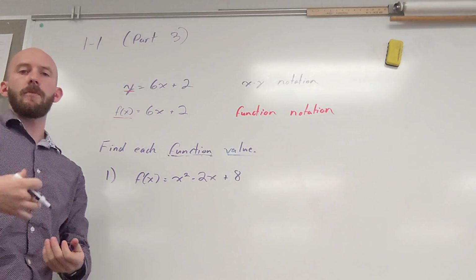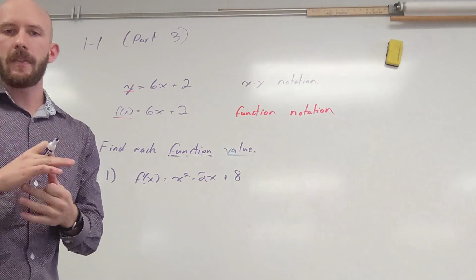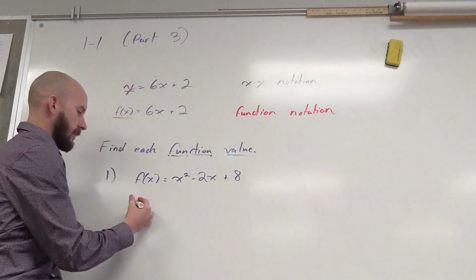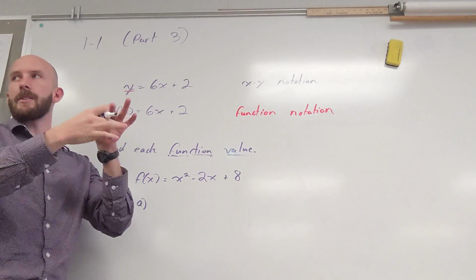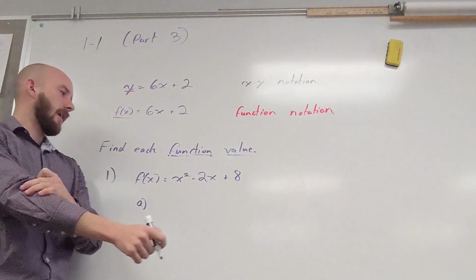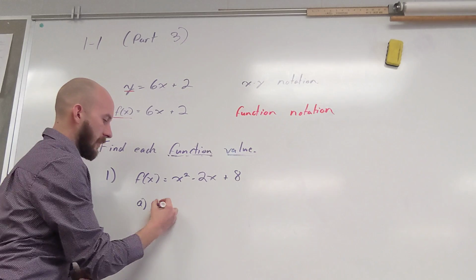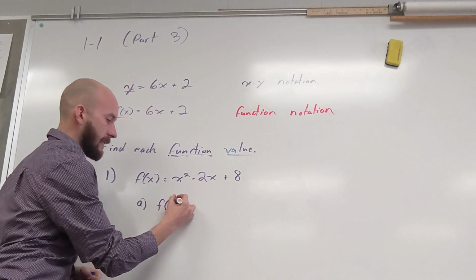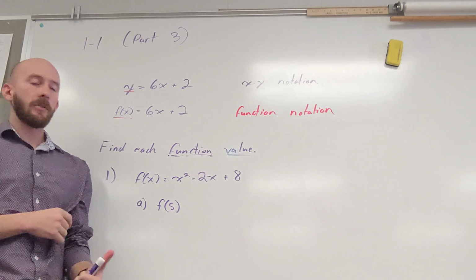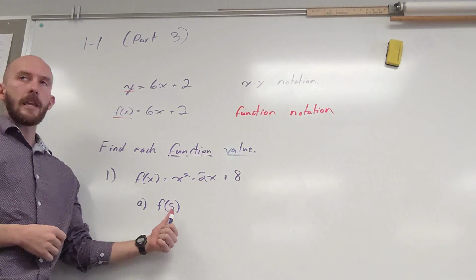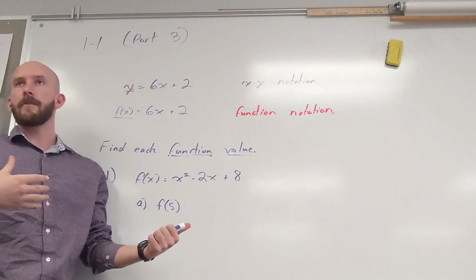And then it's going to give you an input. The nice thing about function notation is it allows you to deal with multiple different inputs and still keep them specific. So it's going to give you something like f of 5. This is basically saying f when the input is 5.